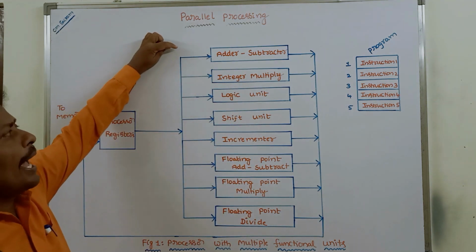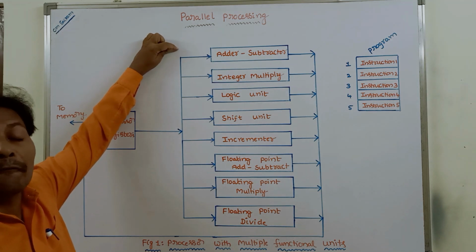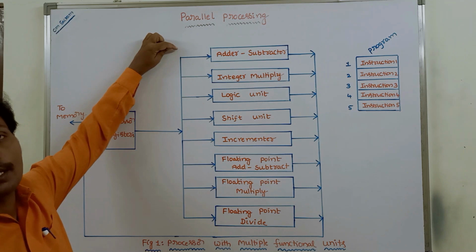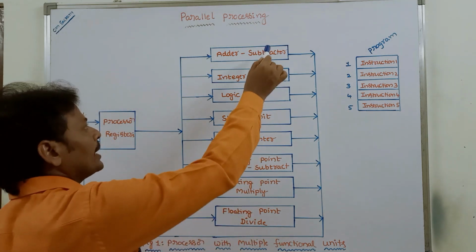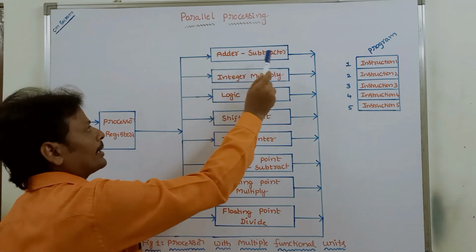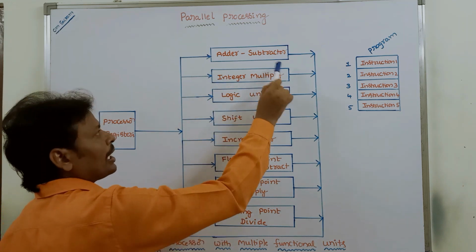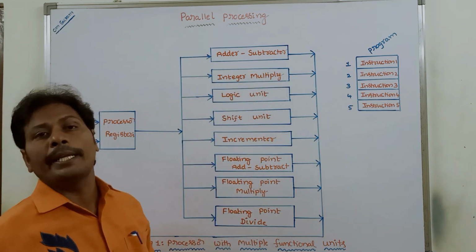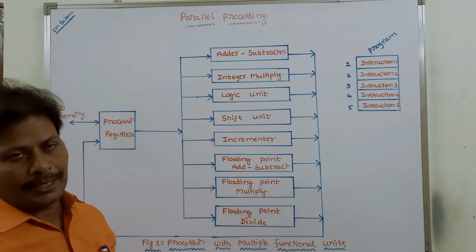First one is adder subtractor. This is used for performing the addition and subtraction operation on the integers. So this functional unit can perform only addition and subtraction operations. Next, this functional unit can perform only multiplication operation on the integers.